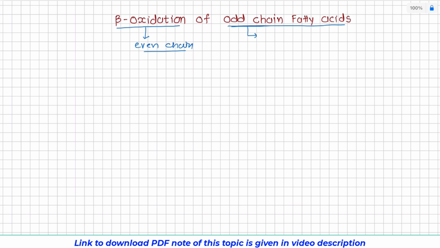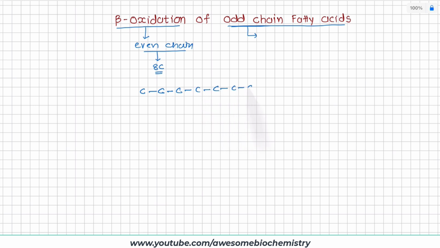Now, if we talk about the oxidation of odd chain and even chain fatty acids, there is only a very minor difference. To understand the difference, let's first consider an example of even chain beta oxidation. Suppose I consider an 8 carbon long even chain fatty acid. So it has 8 carbons: 1, 2, 3, 4, 5, 6, 7 and 8.